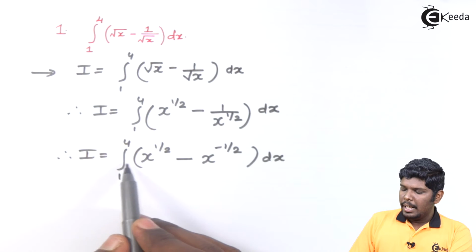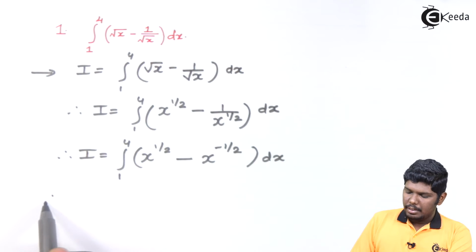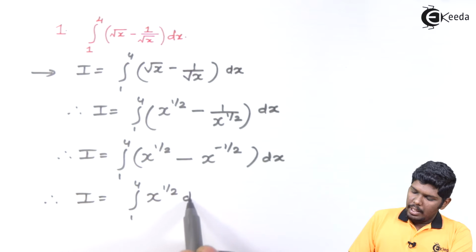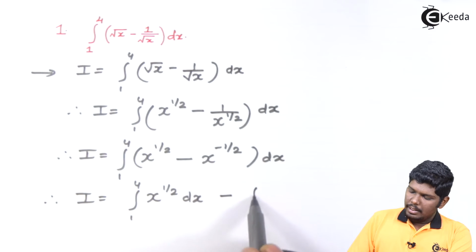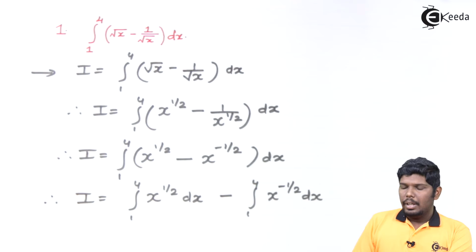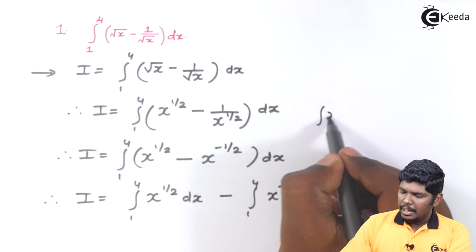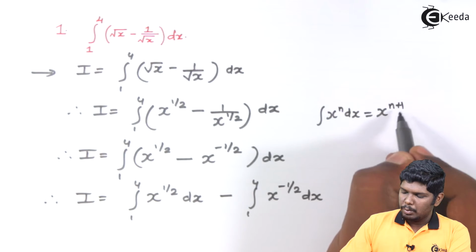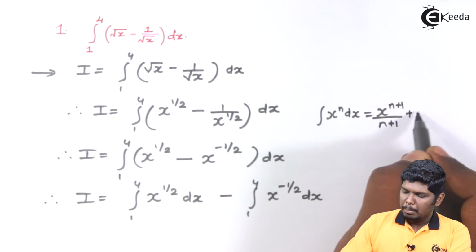Here you can separate the integral into both the functions. This will give you integral 1 to 4 x raised to half dx minus integral 1 to 4 x raised to minus half dx. Now, integration of both these functions can be found using the formula integral x raised to n dx, which is x raised to n plus 1 upon n plus 1 plus c.